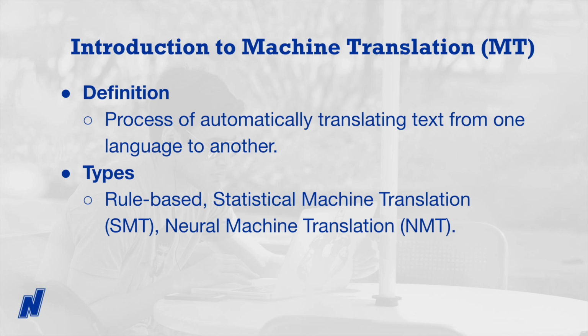Each phase has tackled the inherent challenges of translation: maintaining linguistic meaning, grammatical correctness, and cultural nuances. For example, translating "it's raining cats and dogs" requires contextual understanding, as a literal translation would make no sense in most languages. Let's move forward to explore SMT in more detail.